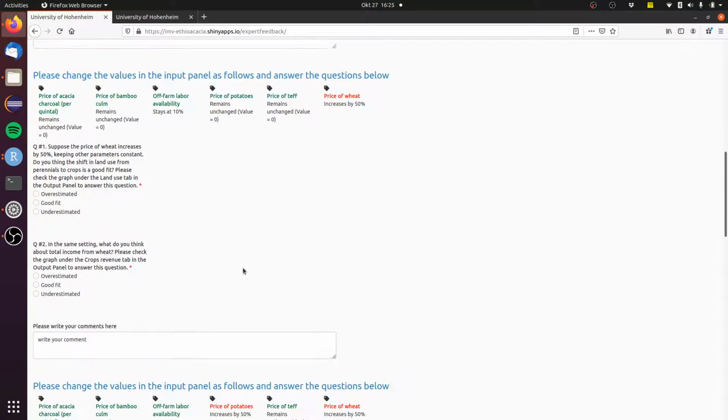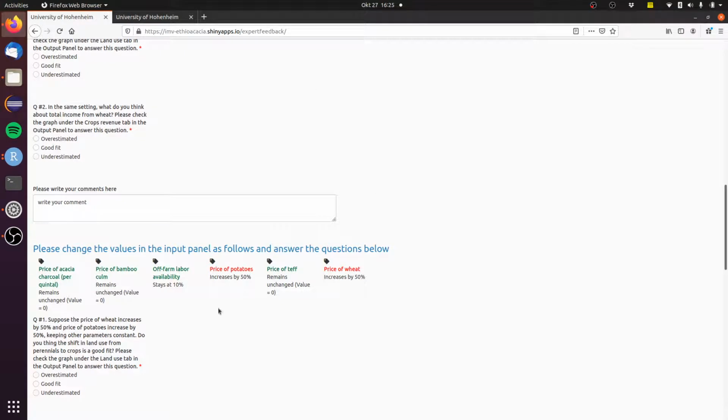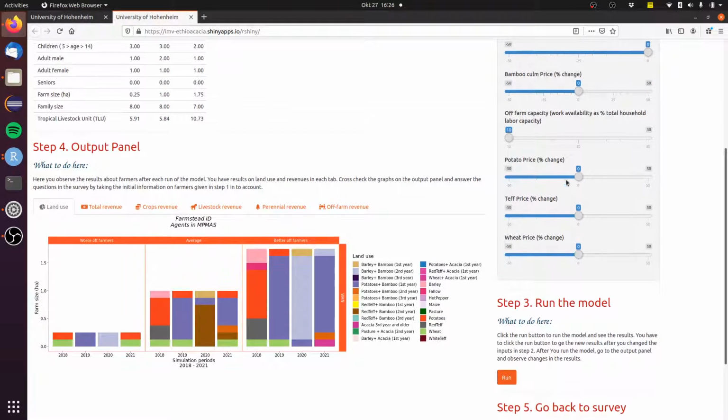And the next question, instead of 1, we changed 2. We changed the price of potatoes and the price of wheat. So you come here and you increase the price of potato and the price of wheat by 50%, and then you run the model, and then you observe the results. For example, in this case, the results change.